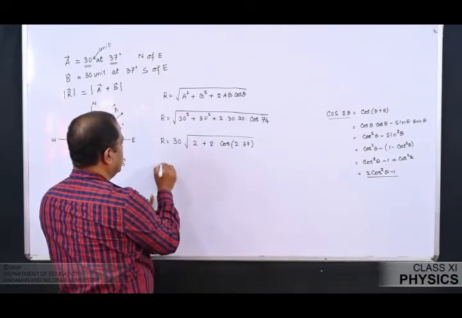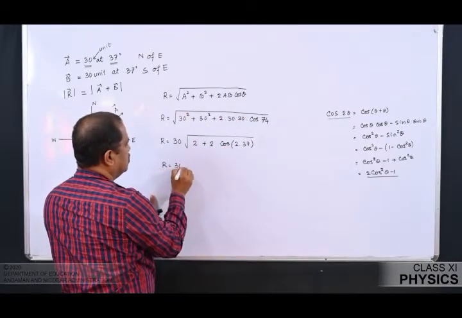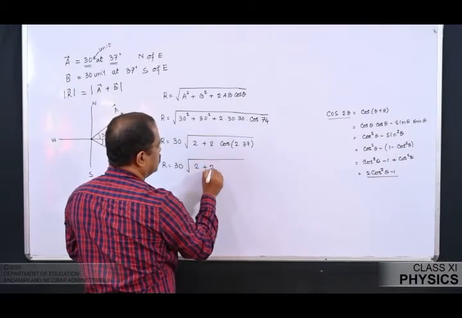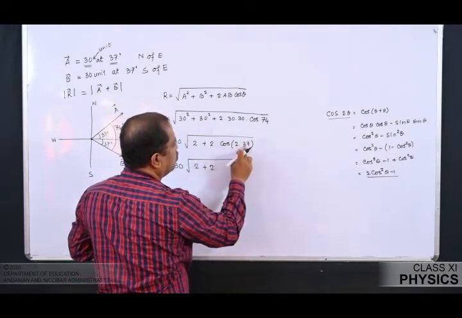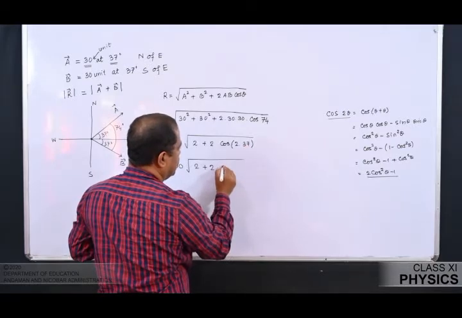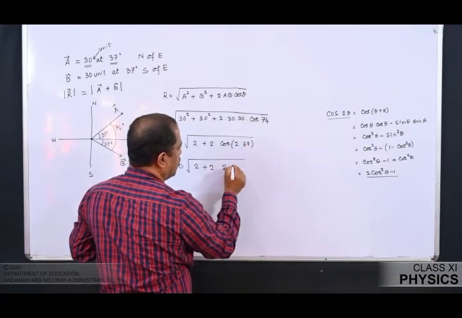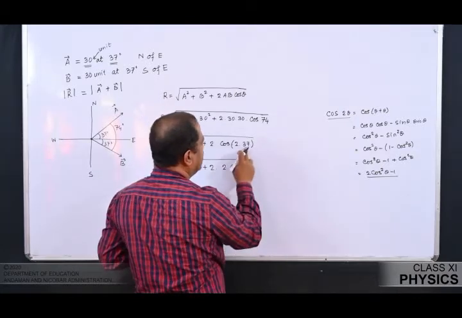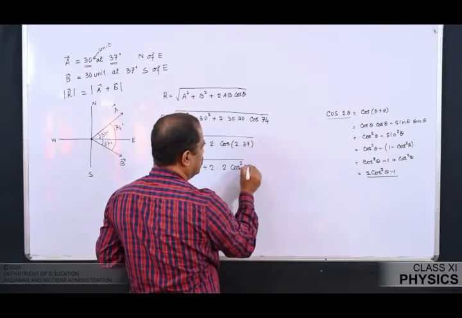In that case, I shall write R is equal to 30 under root of 2 plus 2 into cos 2 theta, which can be written as twice of cos square theta minus 1. Theta is 37 for me, so 37.